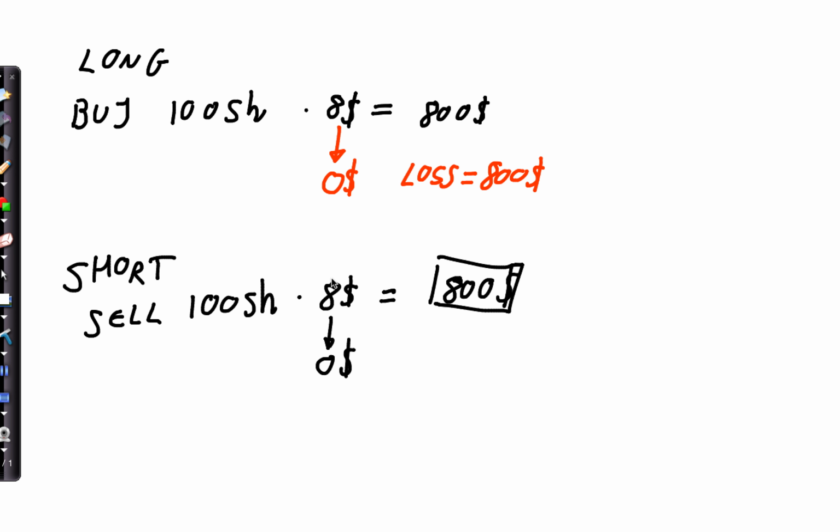And this is the best case. But what if the price is going to 80? What if the price is actually going to 80? So if the price is going to 80 and you want to buy back, now 100 shares are worth 8,000. So you gained 800, but you have to buy back the shares at 8,000, so your loss will be $7,200.